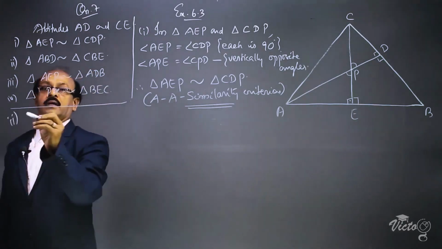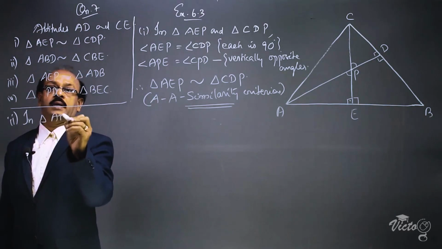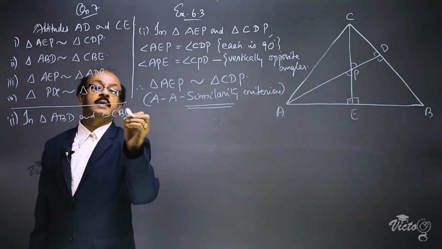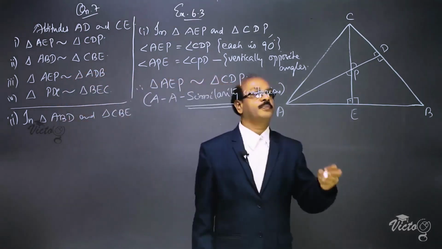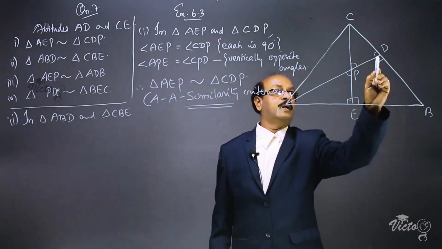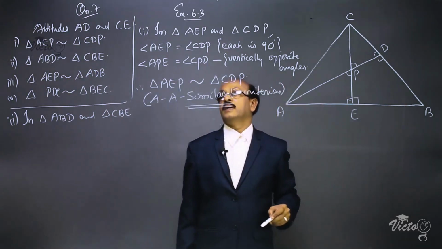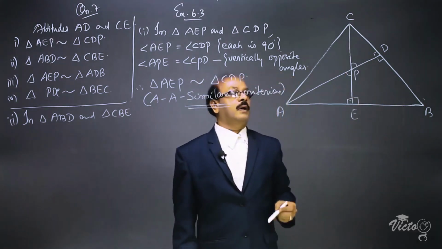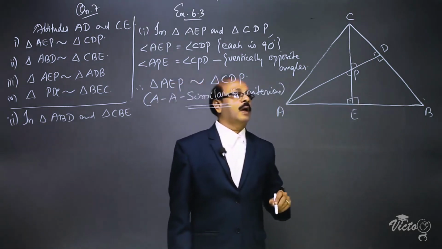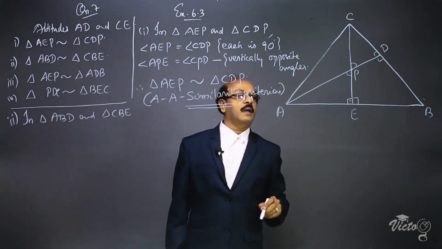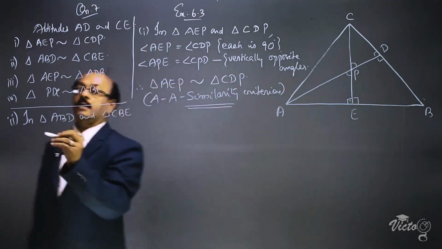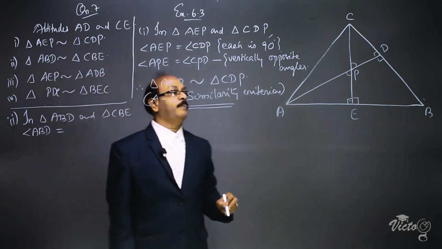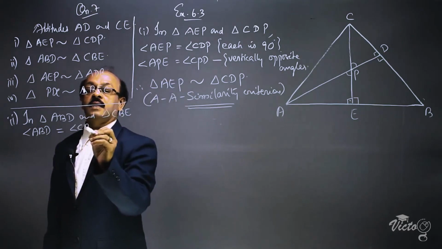Second, in triangle ABD and triangle CBE. Which are the two triangles? The larger triangle ABD, and CBE, this triangle. In these two triangles, angle ABD is equal to angle CBE.